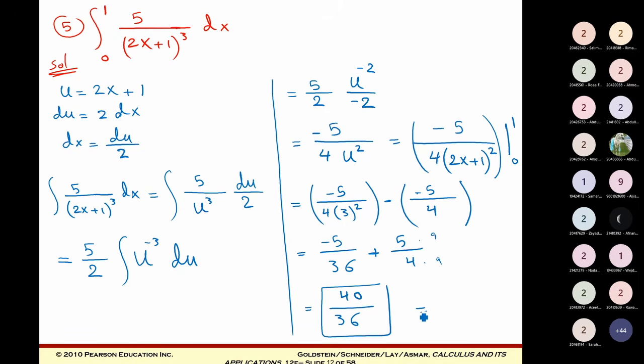If we simplify this one by dividing by 4, we have 10 over 9. Okay, any question? This is if we have definite integration: after finding the integration with respect to x, we can substitute the bounds of integration. Any question?